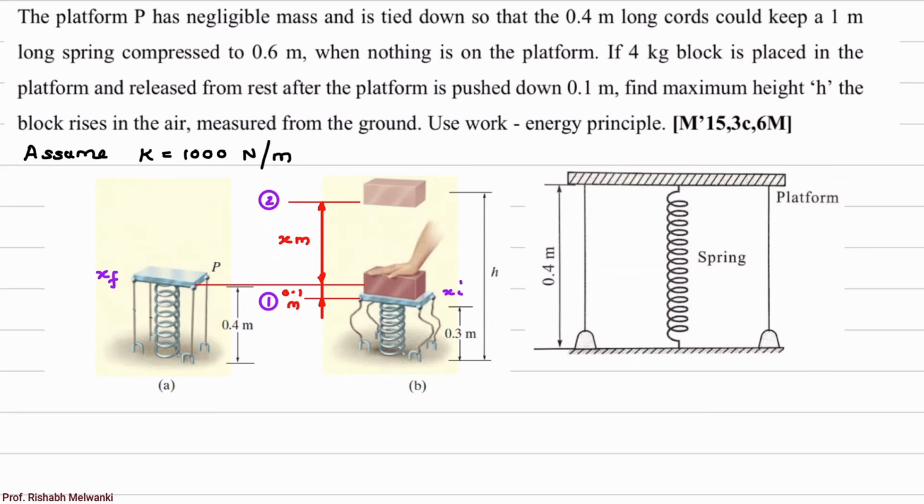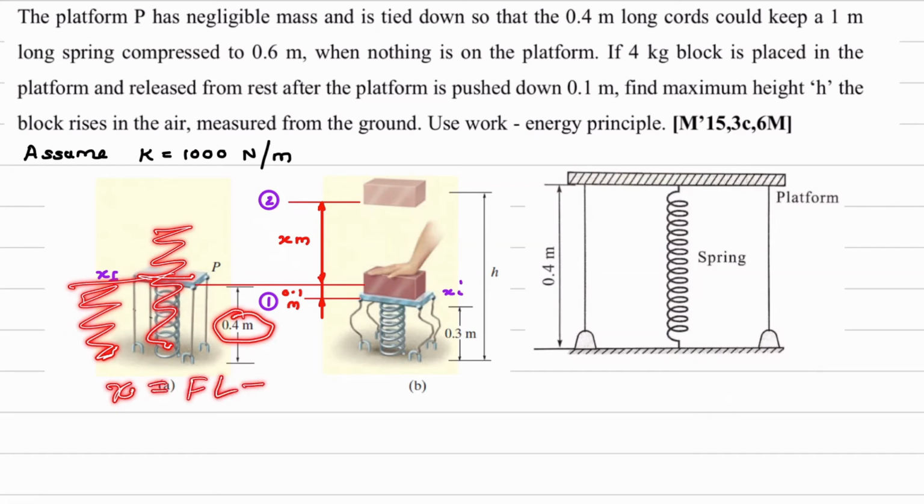Okay, now the length of the cord, it is 0.4 meter and length of the spring, okay, free length of the spring, it is 1 meter. Now because of this cord, this spring, see, this is the free length of the spring, and since length of the cord is only 0.4 meter, initially if you see this diagram, the spring is under compression. Okay, so spring is like this, so spring is under compression. So what is the deformation of spring right now? Since it is compressed, we have to consider free length minus total length.